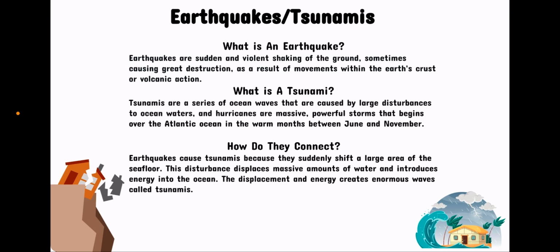So essentially, earthquakes and tsunamis are connected due to the sudden, abrupt shift of a large area on the seafloor. This disturbance allows for tsunamis to occur as the amount of energy and force created from the underwater earthquake leads to the tsunami forming and a huge shockwave moving water at a very fast pace.